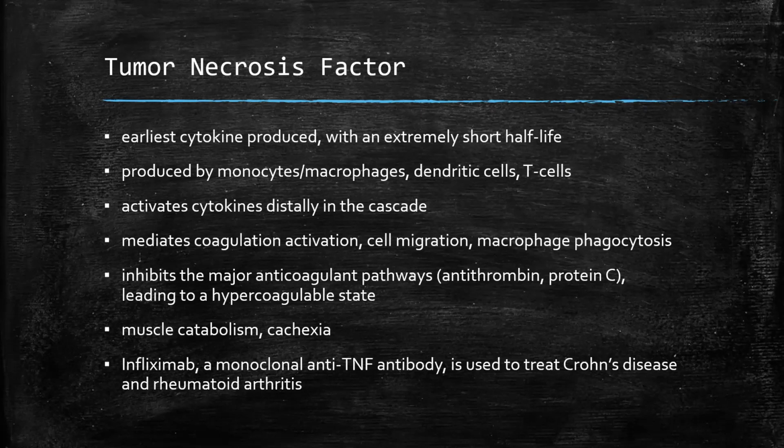In animal models, it works as long as you give the antibodies before you make the animal septic. So in a mouse model, you can reliably induce sepsis with a cecal puncture. If you pre-treat that animal with anti-tumor necrosis factor antibodies, they don't get septic. But once they are septic, the antibodies can't reverse it.